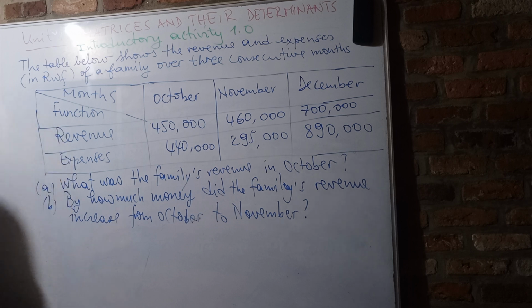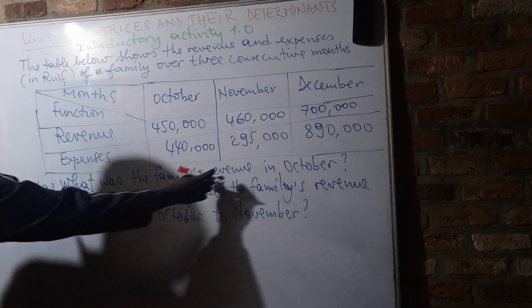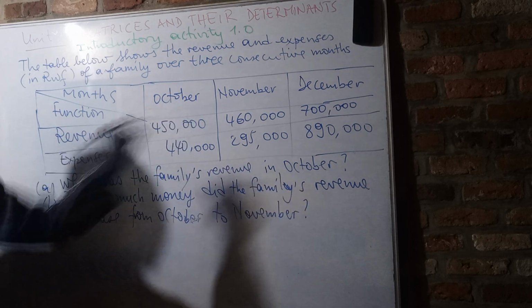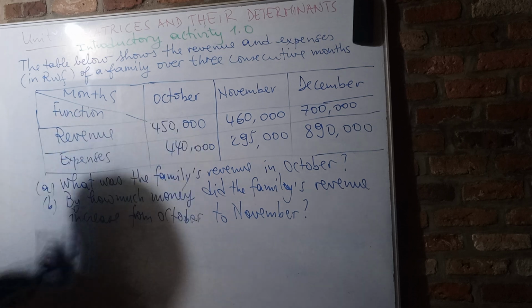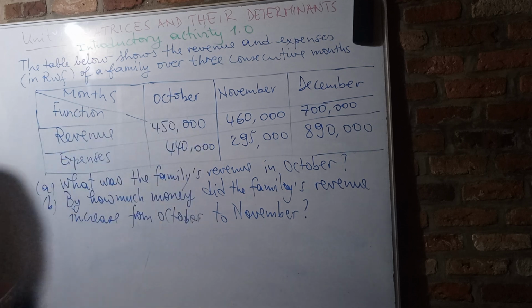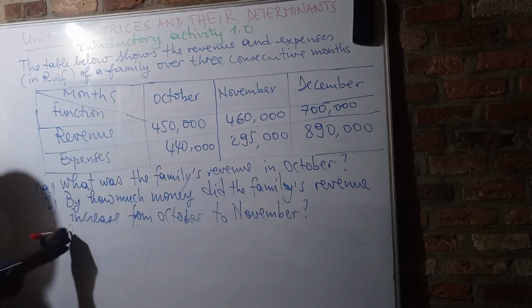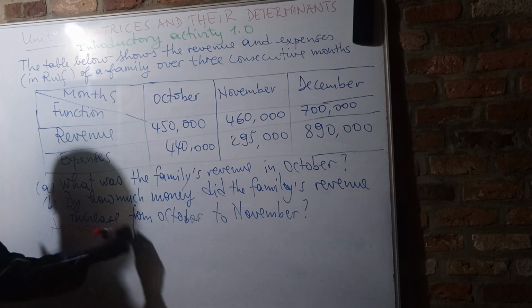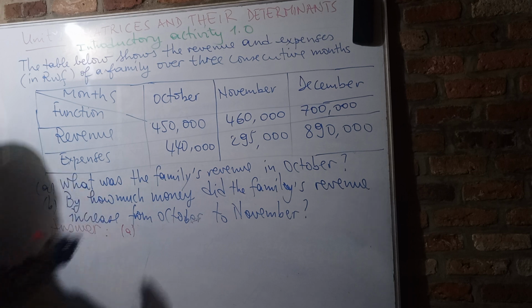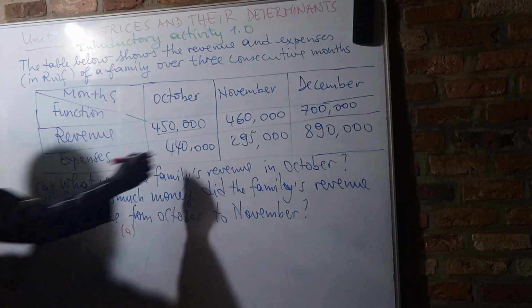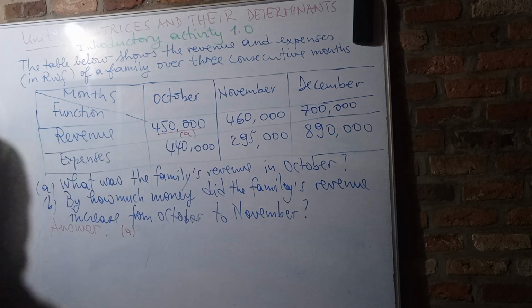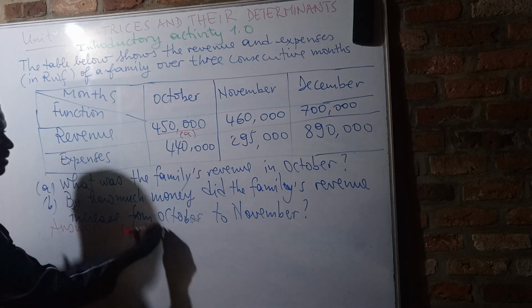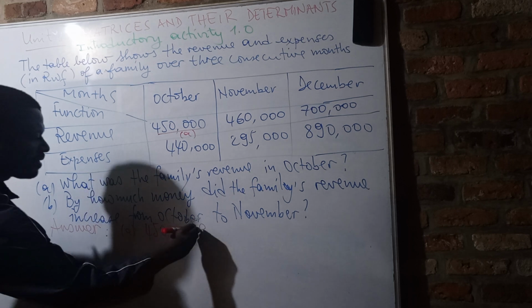Okay, let us get to the point. A, what was the family's revenue in October? Of course, this table is very clear. In October, the revenue was 450,000. So answer to the question A, 450,000 francs.